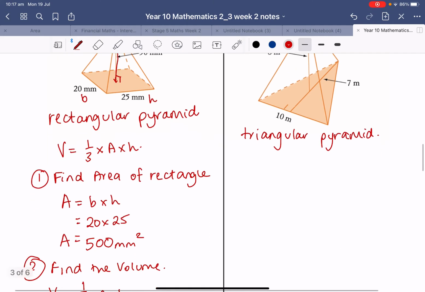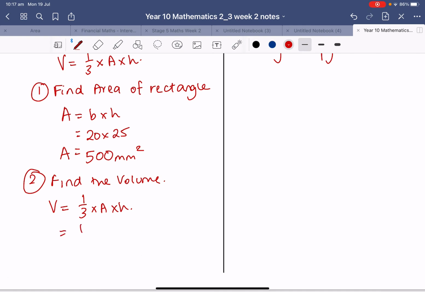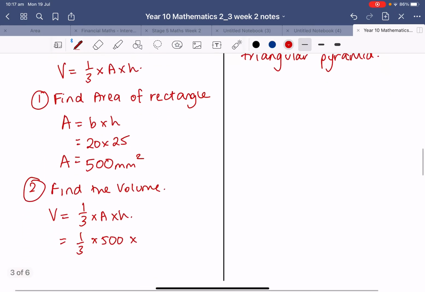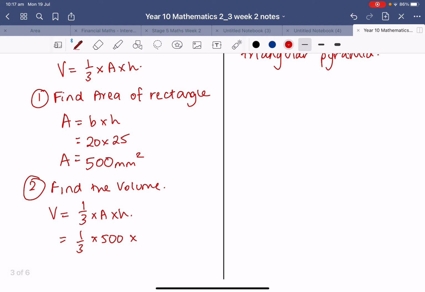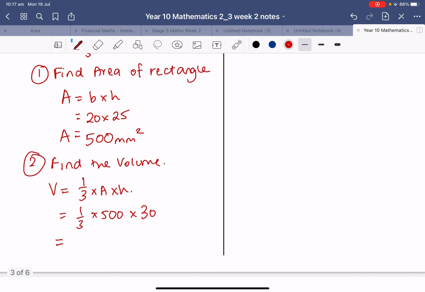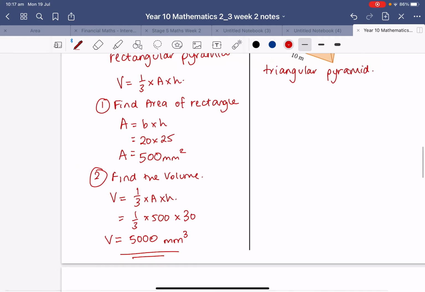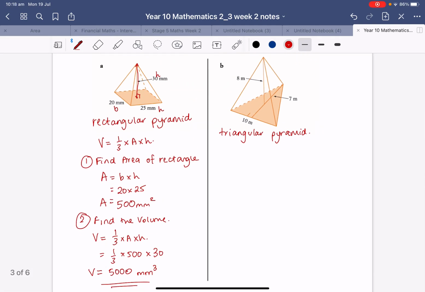So we're going to do a third times 500 times the height, which was 30. If we put that into the calculator, we get 5,000. Because we're dealing with volume, this is in millimeters cubed units. So that's the volume of this shape here.